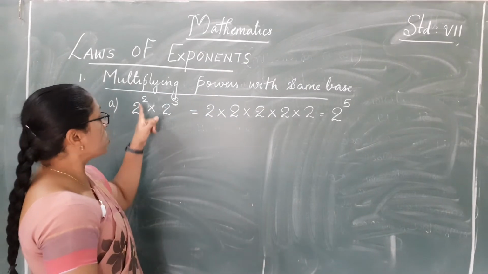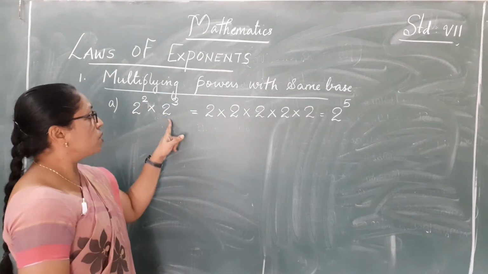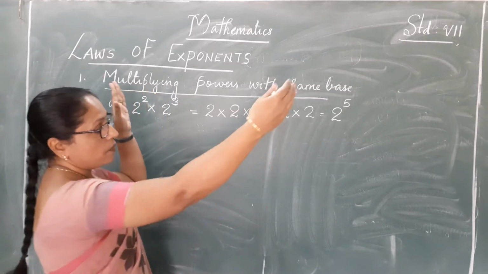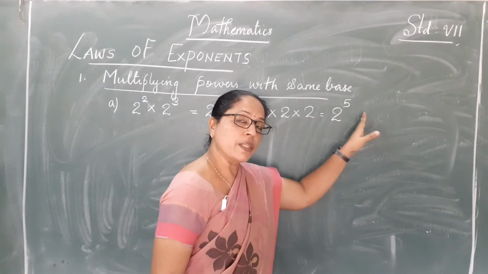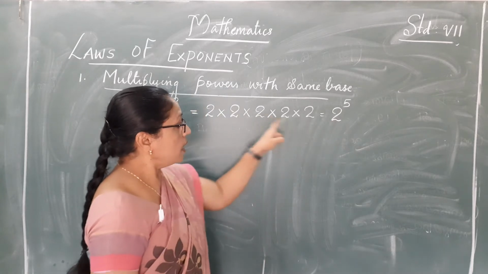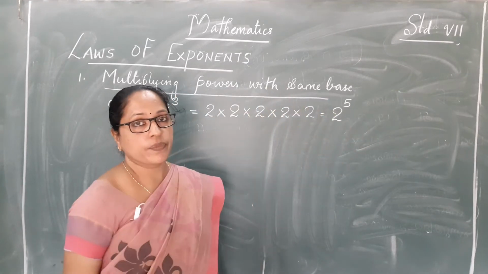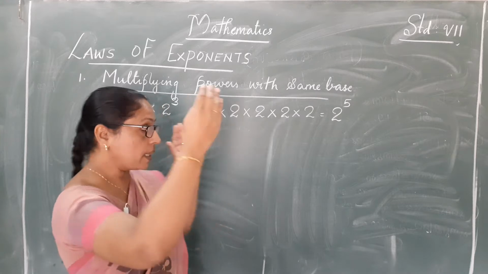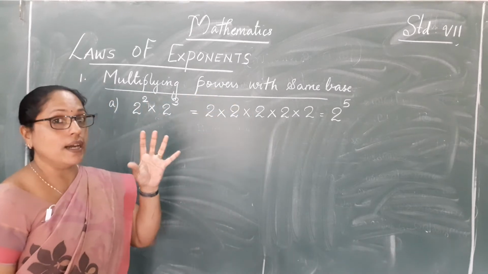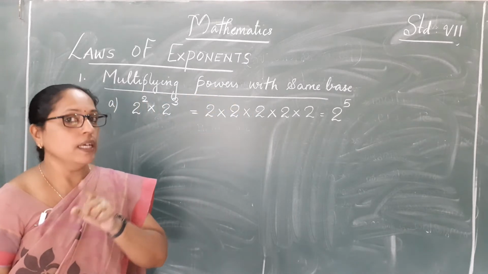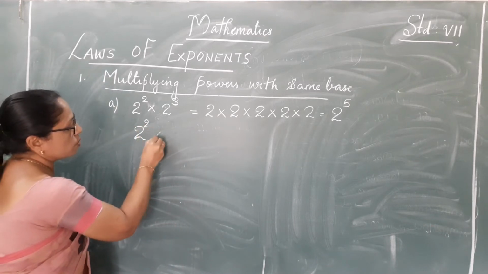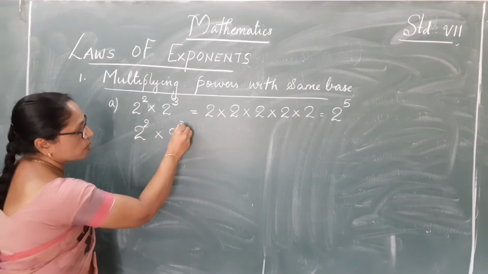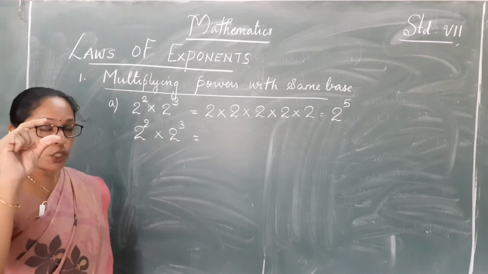So 2 raised to 2 into 2 raised to 3, after expanding, we got the answer 2 raised to 5. Here we got the answer by expanding. Now I am going to tell you how you could get the answer very quickly without expanding. There is a short method.